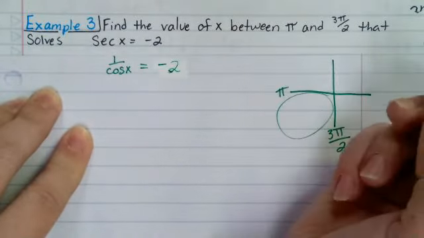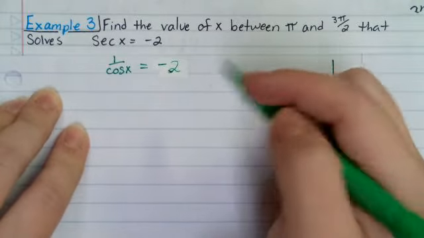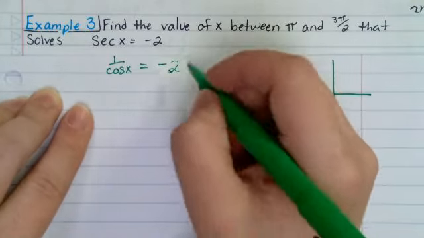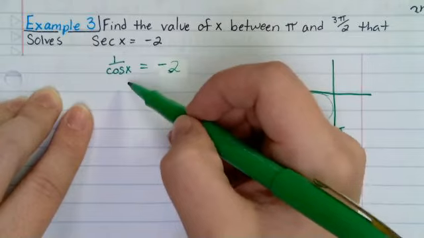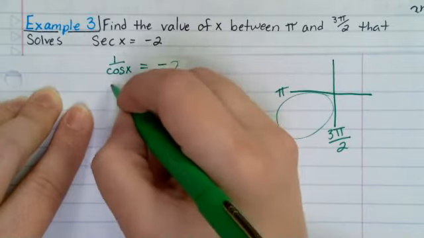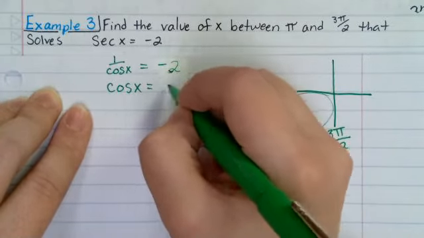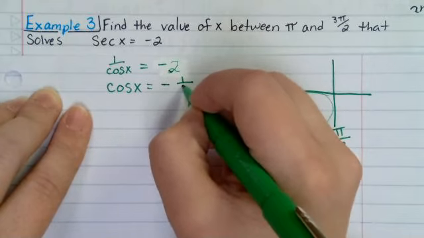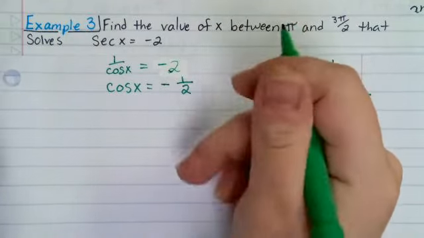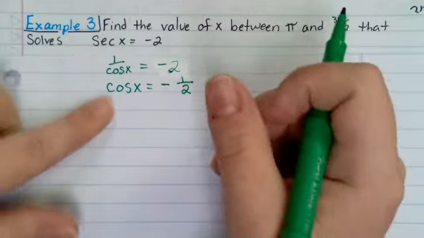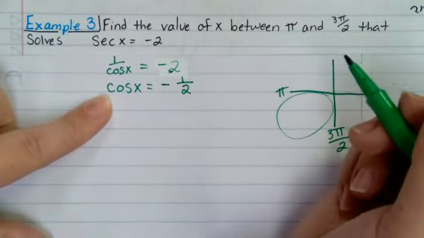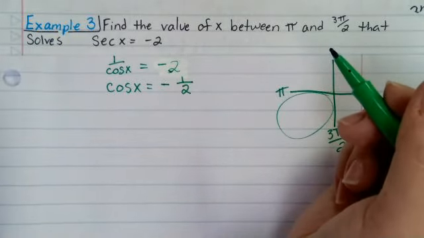Same thing. Okay. So what I could do is I could look at this and say, well, if 1 over cosine of x is -2, cosine of x is going to be -1 over 2. If you flip both of those, then you can see what cosine is. And that way x is not in the denominator anymore.